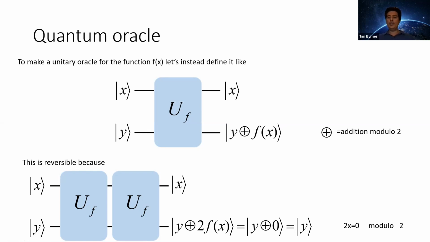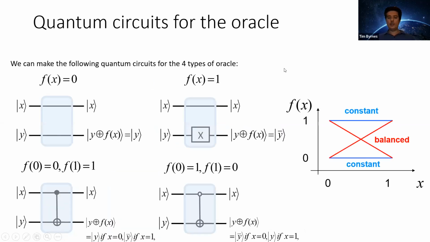So we can implement it using quantum mechanics. This is explicitly looking at the 4 different instances of the circuit. Remember, there's only 4 different types of f of x here: these 2 constant versions and 2 balanced versions.